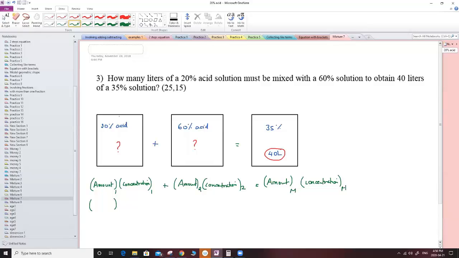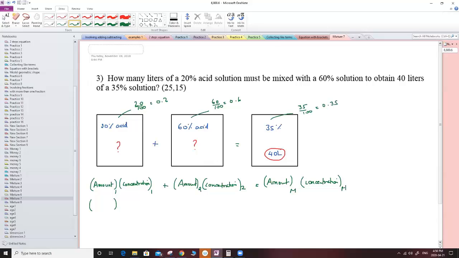I want to get your attention for something. 20% I can write this way, 20 over 100 or 0.2. The 60% I can write as 60 over 100 or 0.6. The 35, the same thing, 35 over 100 or 0.35.